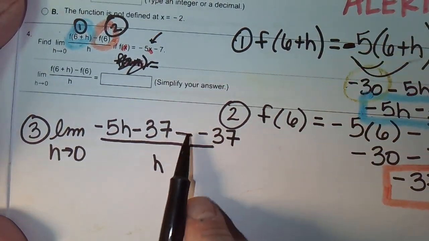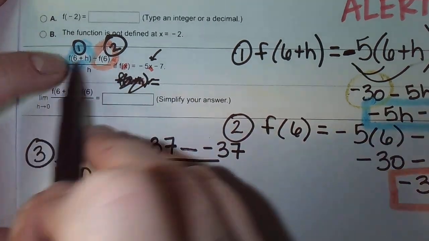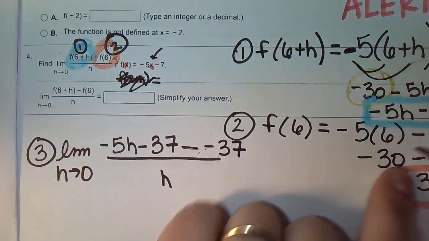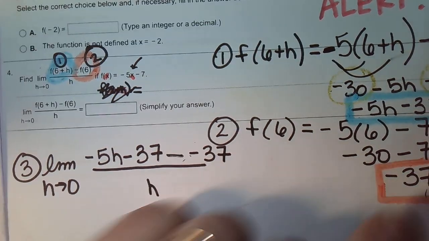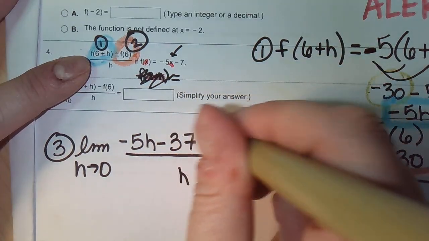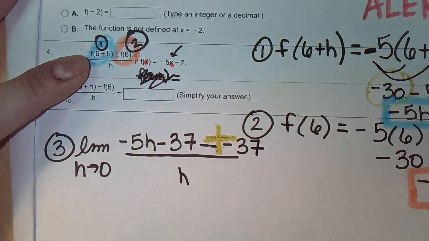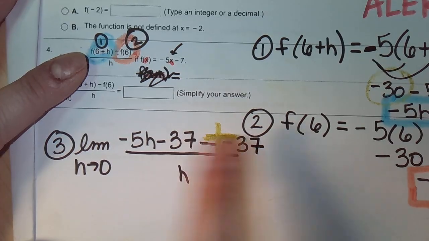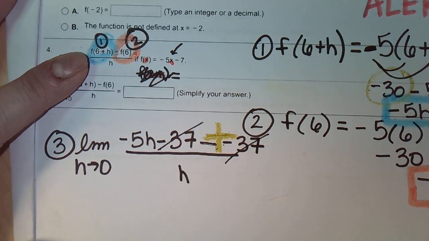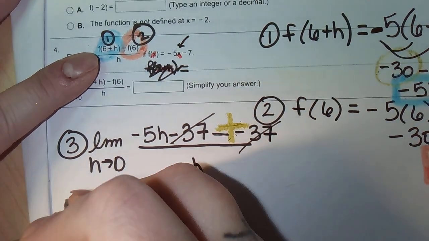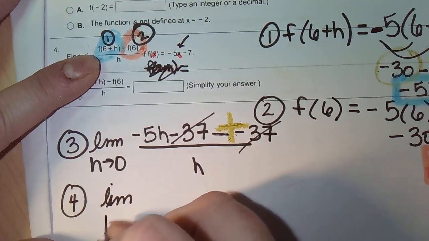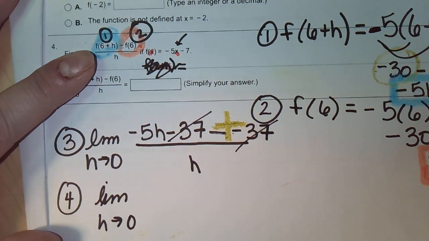Okay, so why do I have two? Why are we double dashing? We have one minus from the formula and one minus from the 37. Those minuses make a plus. And then those 37s cancel out. How lucky are we? So my fourth step is just to try and make it smaller, make things cancel out.